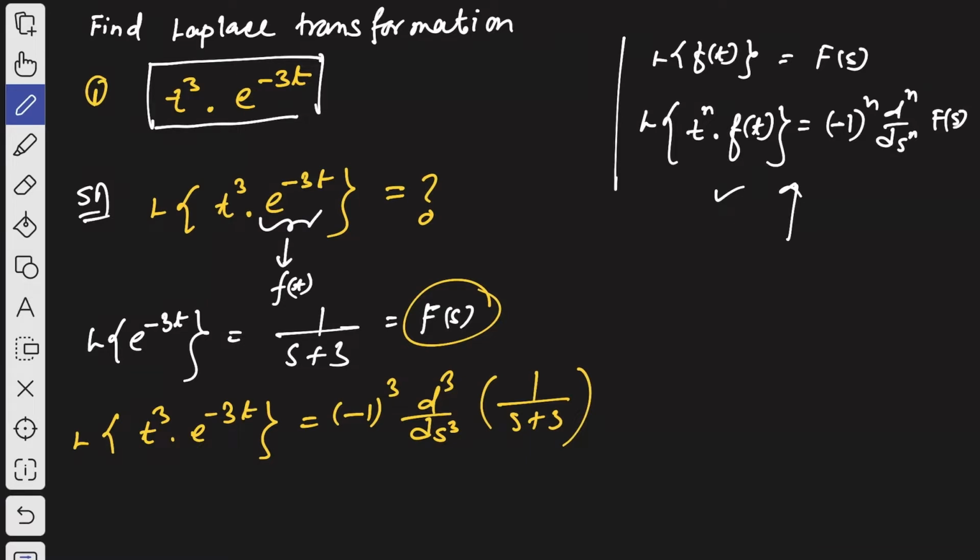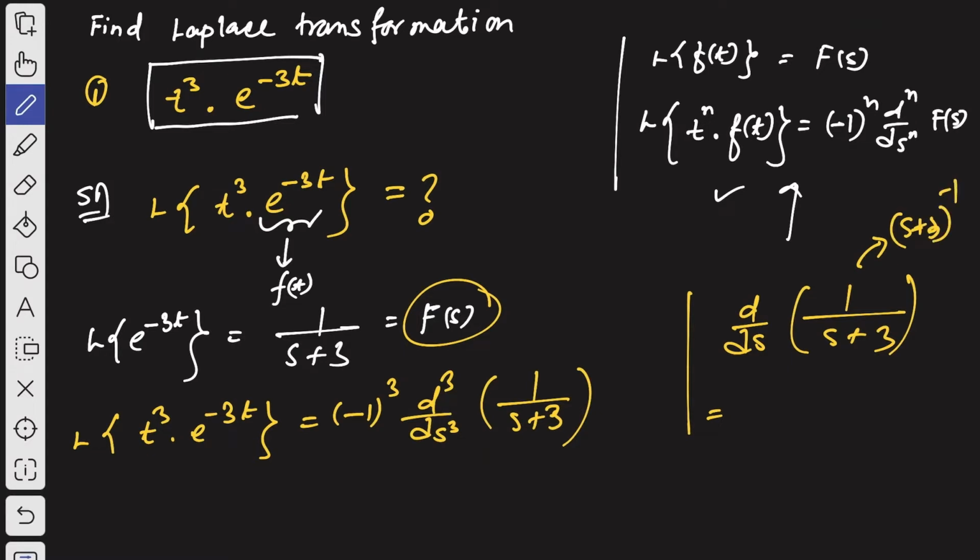Here you see this is a third order derivative. First let us differentiate 1 by s plus 3 with respect to s once. If you differentiate it, you have to assume this as s plus 3 whole to the power minus 1. Then its derivative will be minus s plus 3 whole to the power minus 2.